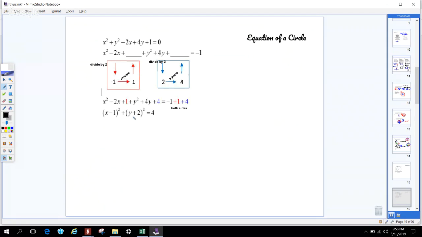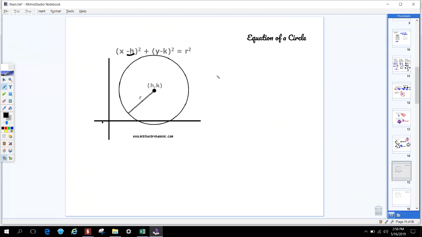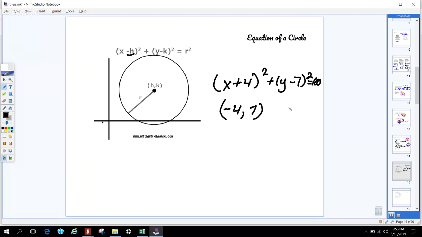And then you also will need to know this process. So for example, here, if I have x plus 4 squared plus y minus 7 squared equals 100, I'm going to switch the signs for the center, and then I'm going to take the square root of 100 to get the radius.